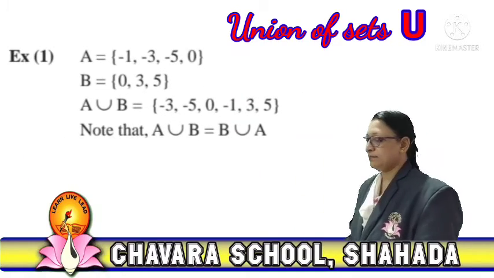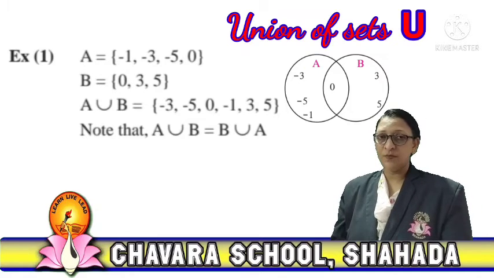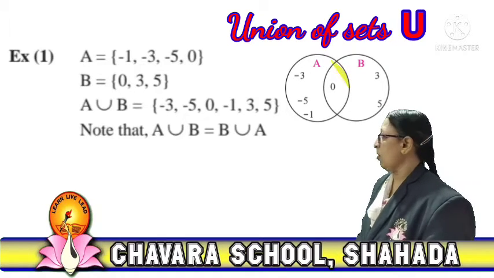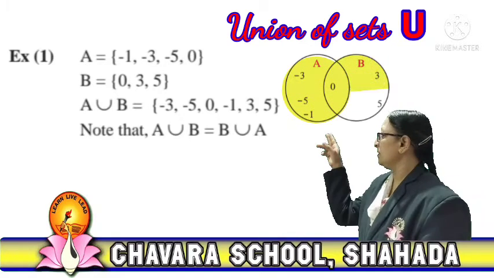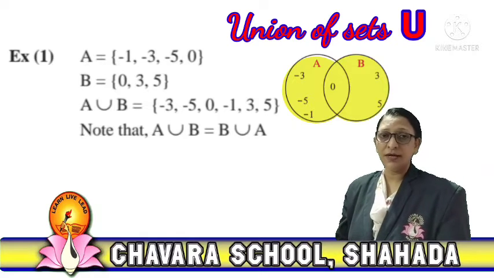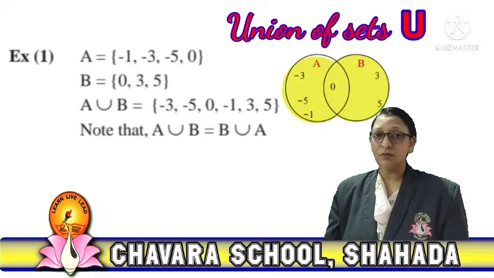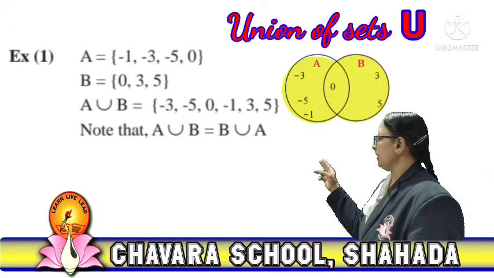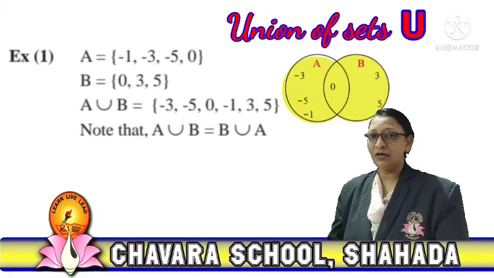Example 1. Observe this Venn diagram. We observe set A is the set {-1, -3, -5, 0}, while set B is the set {0, 3, 5}. Therefore, set A union B is equal to {-3, -5, 0, -1, 3, 5}.